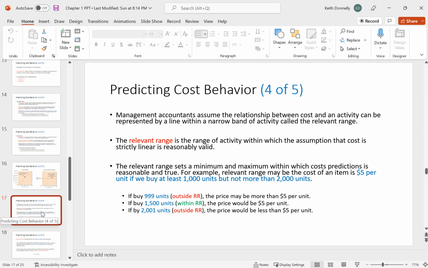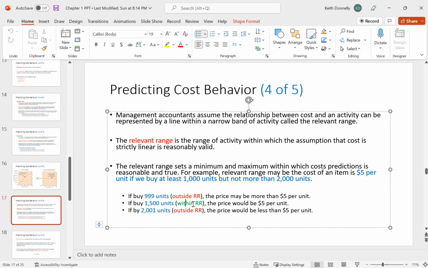So for example, if we have a relevant range that says the cost of an item is $5 per unit if we buy at least 1,000, but not more than 2,000. If we're within that range, if we buy somewhere between 1,000 and 2,000, it should cost $5. So right here, we're right in the middle, we're within the relevant range, it's $5.